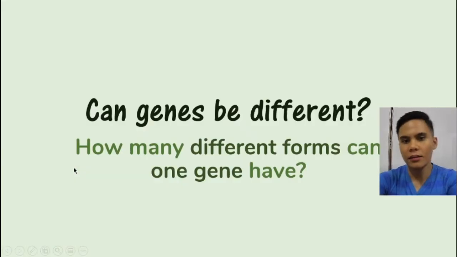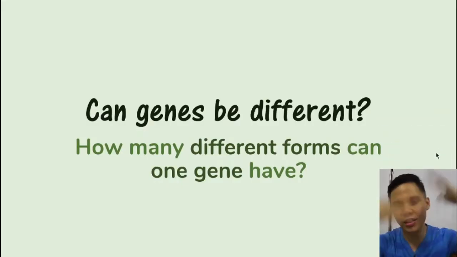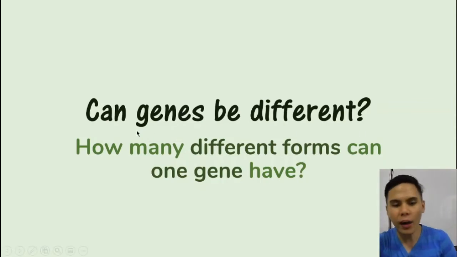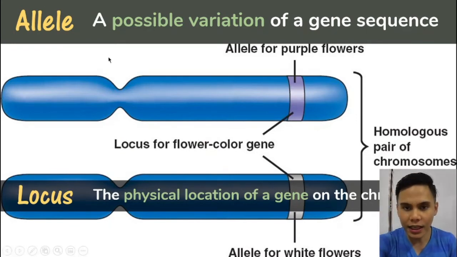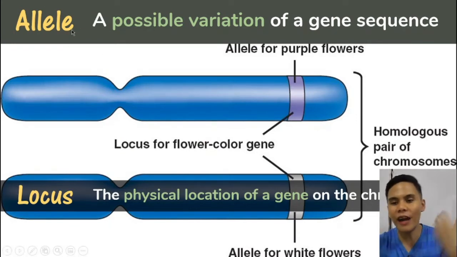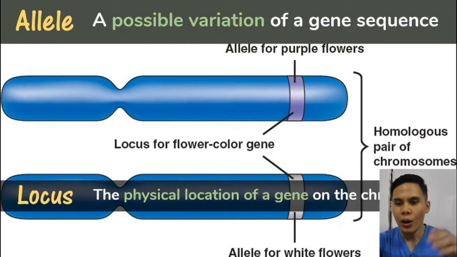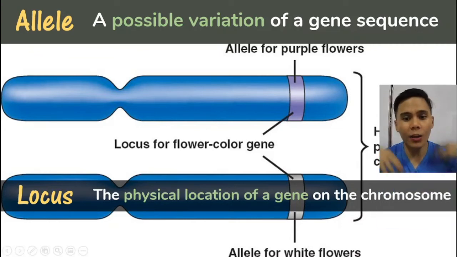Moving on. Can genes be different? We know that genes are on chromosomes, but how many different forms can one gene have? An allele is a possible variation of a gene sequence, meaning it's a possible form. So one gene can have many alleles. Now, genes again are located on chromosomes.